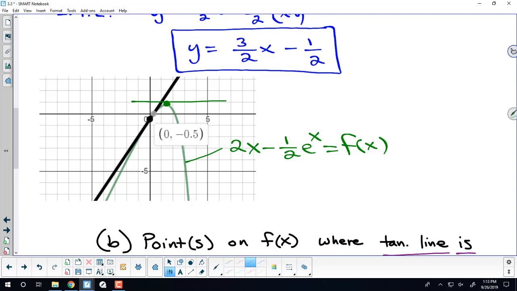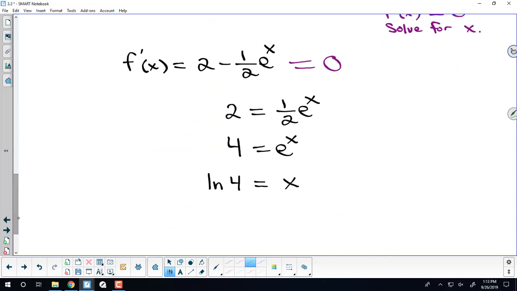Well, we have to look at the derivative of the function, not the function itself. So we look at the derivative and say the derivative is 0 at x equals ln4. Therefore, the original function has a horizontal tangent at ln4. So it really depends on what the question's asking, but most of the time you are answering questions about the original function given.